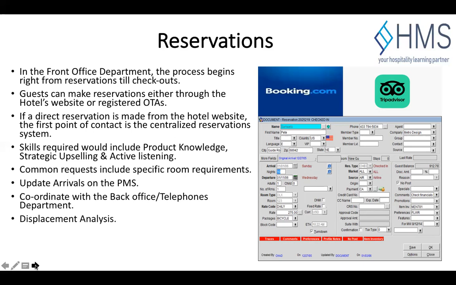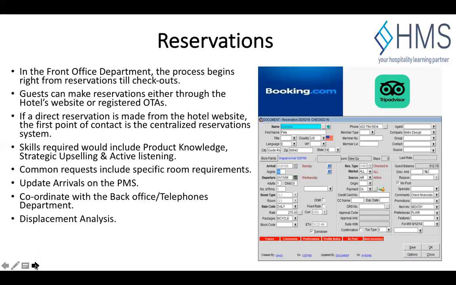Now, displacement analysis. This is a very vital aspect of revenue management that every revenue manager must consider before making his or her decision, managing bookings and channelizing and optimizing.